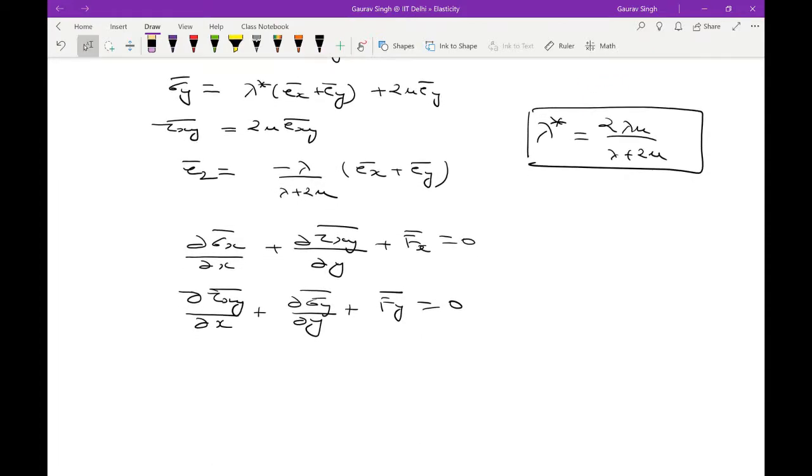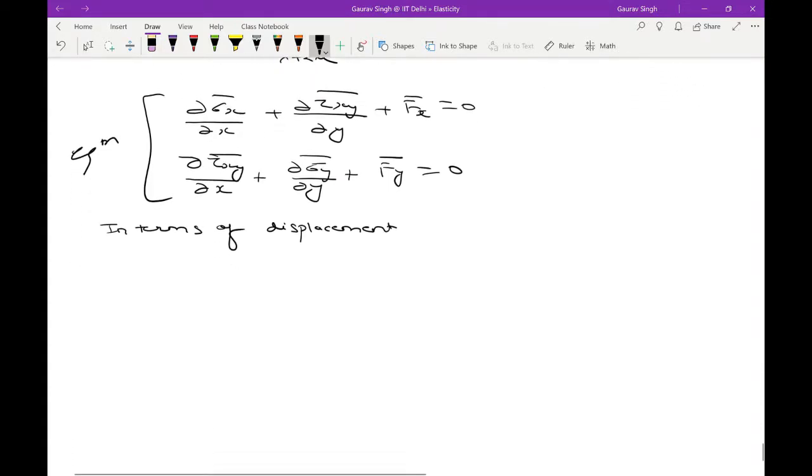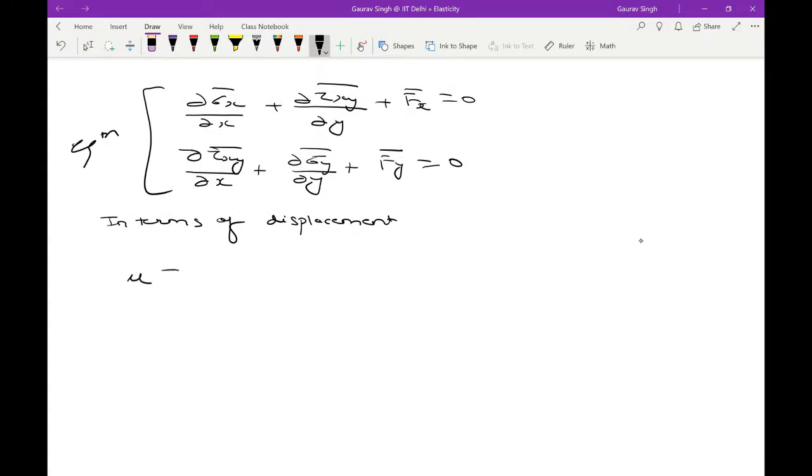When the equilibrium equations are written in terms of displacement, that would be called the compatibility equation. So in terms of, this would be written as mu Laplacian.